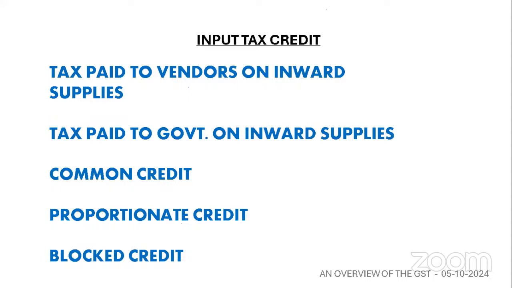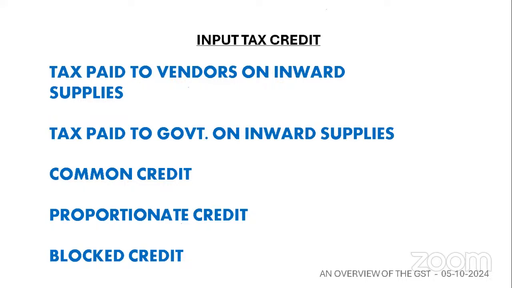Now the question is, from the tax payable on the sale of my TVs, say for example, 2 lakh rupees is the sale of TV amount, 18% is the tax rate, 36,000 rupees is the outward supply tax payable by me, output tax payable by me, against which I have paid 18,000 to the vendor who supplied the TVs. Therefore, 36,000 minus 18,000, the net tax payable is 18,000.